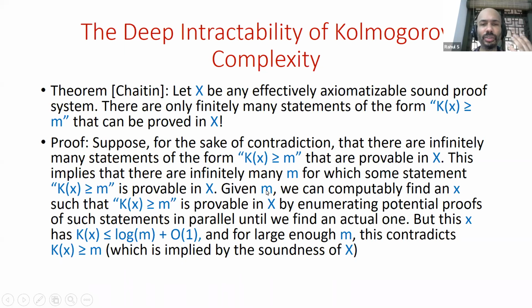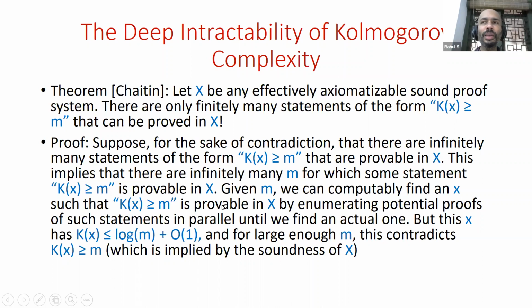Again, you use an argument to show that, suppose we were given m and we can describe m by its binary representation in log m bits, then we can computably find an x such that K(x) is greater than or equal to m is provable in X. We do it using the effective axiomatizability, the fact that proofs can be checked computably, by enumerating potential proofs of such statements in parallel.